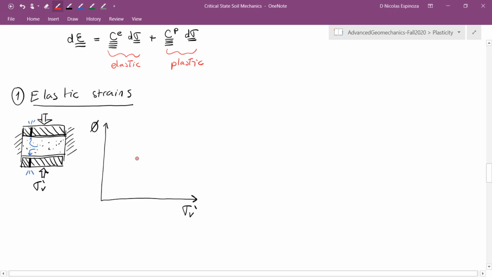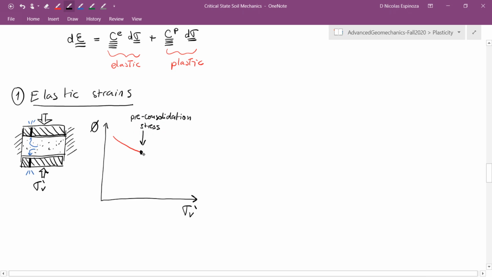And more or less, this kind of plot looks like this. You start loading and porosity starts decreasing, and at some point, like somewhere over here, you might reach what is called a pre-consolidation stress. By the way, this kind of test is called also the consolidation test. And okay, that's the test, but this is the pre-consolidation stress.